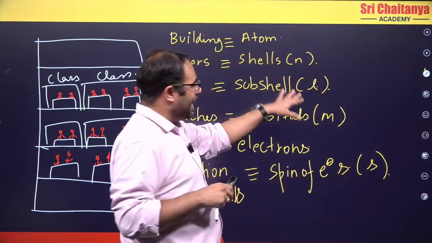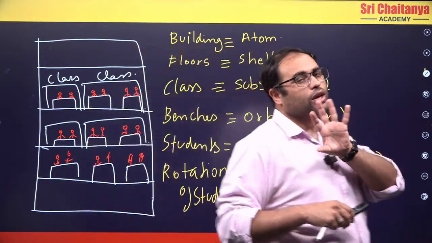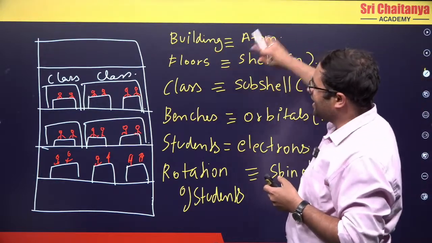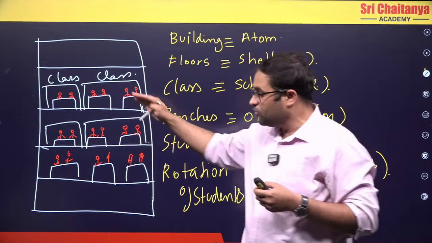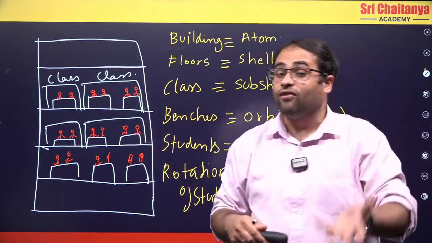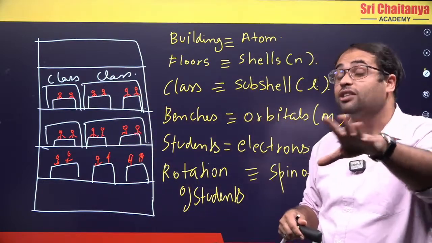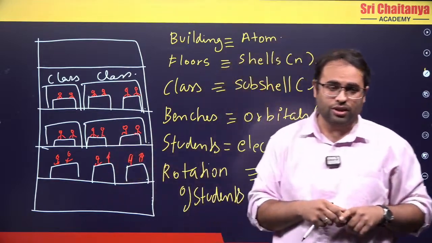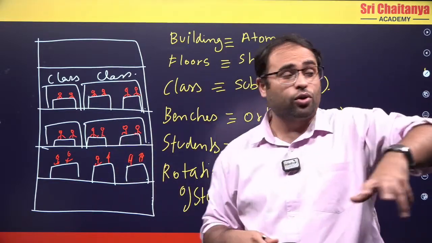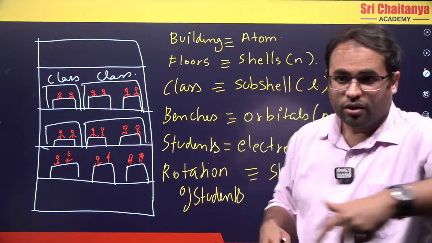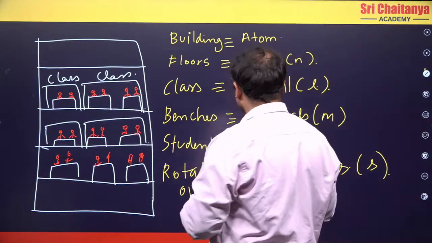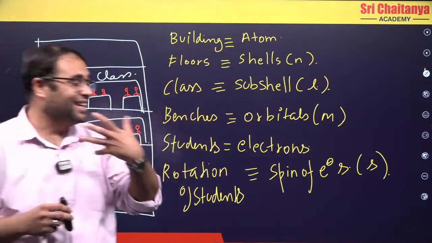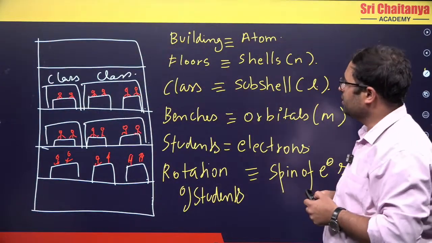So N, L, M and S, this you can clearly understand through this analogy. The building is the atom. In the atom you have various floors. In each floor you have various classes. In each class you have benches. On each bench two students, electrons, can be there, and each student will rotate on its axis, giving you the spin. So this is the whole analogy and whole structure of how an atom is built up, right?